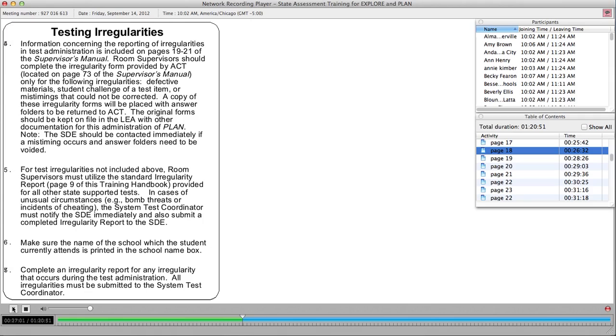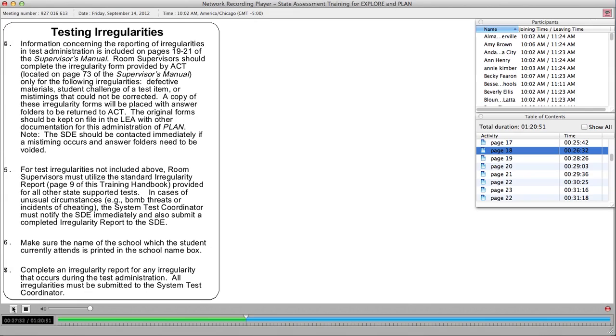But these would only be used if there were defective materials, the student challenges a test item, or there has been a mistiming that could not be corrected. Those are the only reasons these special irregularity forms will be used and sent to ACT. If a mistiming occurs, then of course you're going to need to contact us at the State Department.